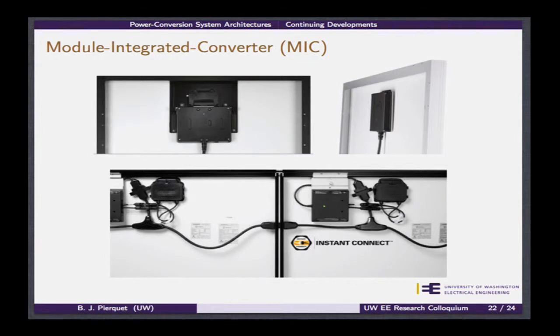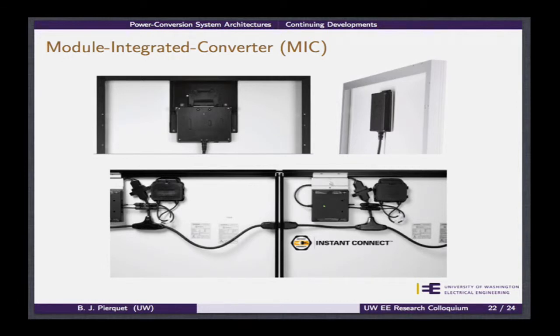Or if the module fails, you can take the module off and put a new one on for that inverter. And so it still becomes modular. The industry is still moving on what is a universal mounting plate. This is a point of contention, like most things. DC connectors for electric vehicles has been a contentious debate for a long time. This one will be on for a while as well.